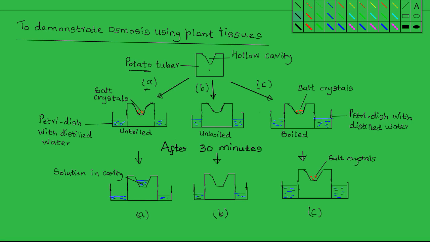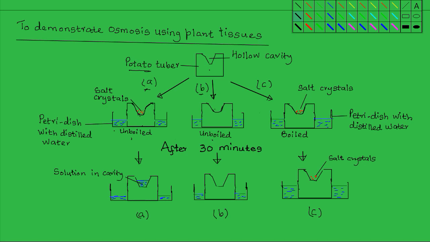The 3 tubers are left to stand for about 30 minutes, after which the following observations are made. In the first tuber, it will be observed that water will accumulate in the cavity, and the level of the water in the petri dish is going to go down.